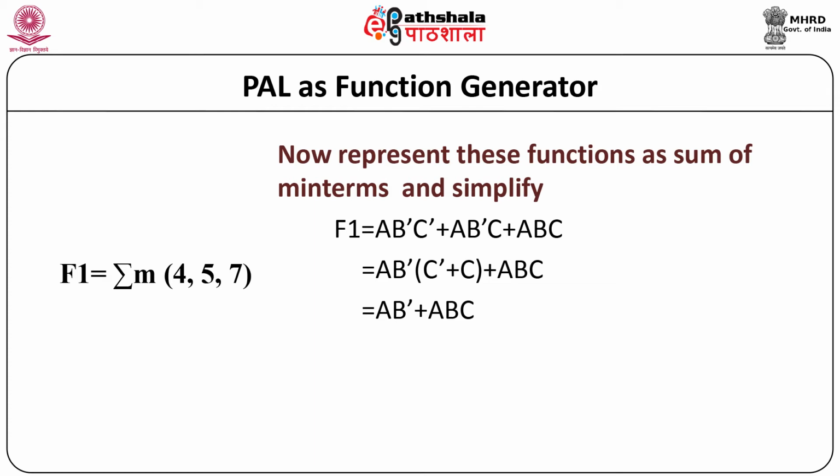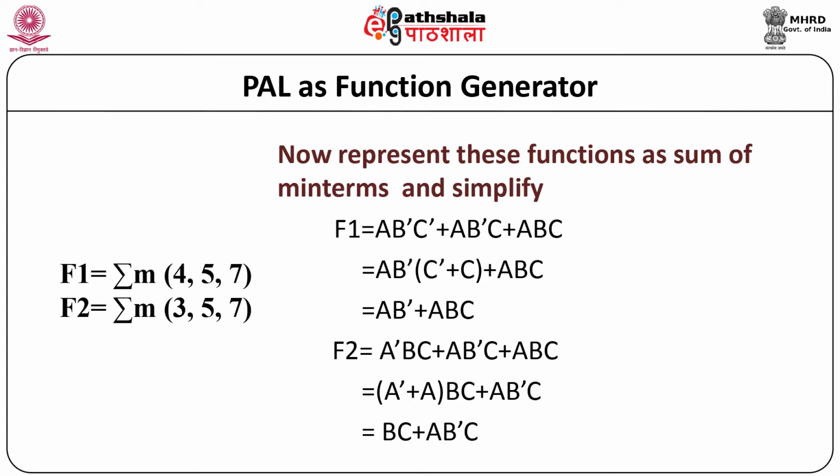So, f1 is equal to a b bar c bar plus a b bar c plus a b c, that is also equal to a b bar in bracket c bar plus c bracket complete plus a b c, that is also equal to a b bar plus a b c.